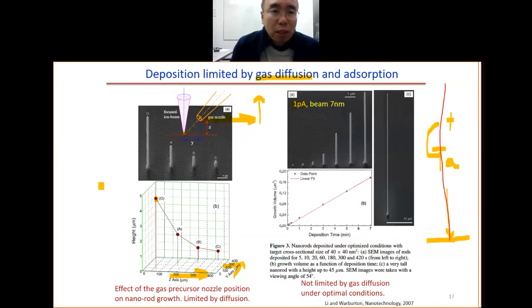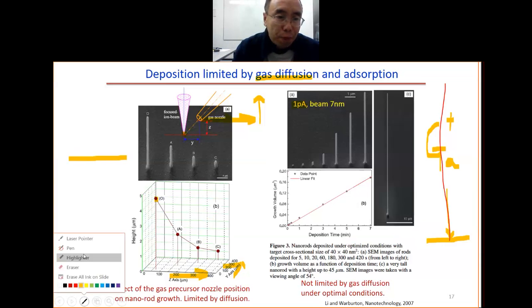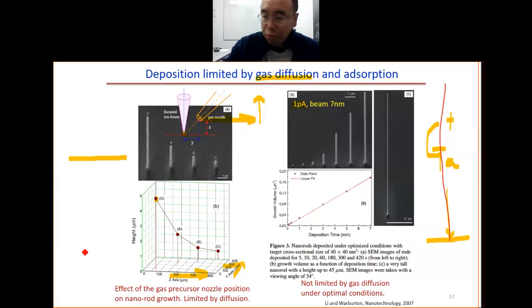But what happened? On the sample surface, we have the precursor gas molecules. The precursor gas in the chamber will come to the surface to form one monolayer.